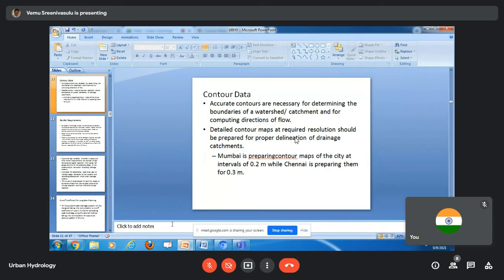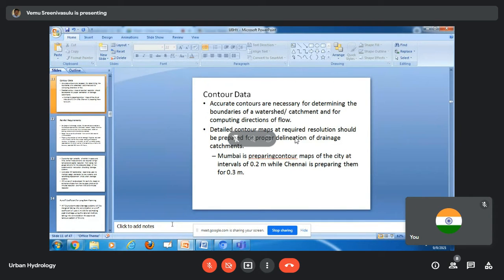Okay, how do you identify the design storm? Based on the previous historical rainfall data. Okay, so once you identify, there are several procedures for that. As we have already discussed, IDF curves, intensity, duration, frequency curves, right?